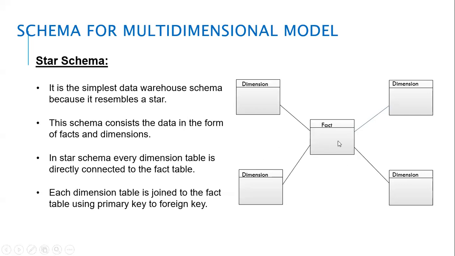Like that, here the center will have the fact table surrounded by the dimension tables. In a star schema, every dimension table is directly connected to the fact table. No dimension should be connected elsewhere; each dimension table should connect to the fact table.